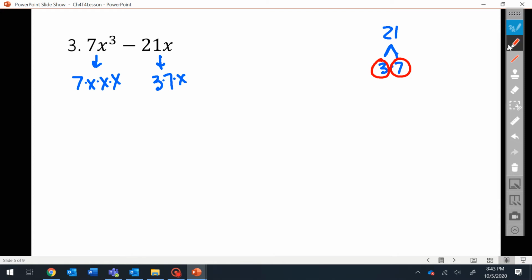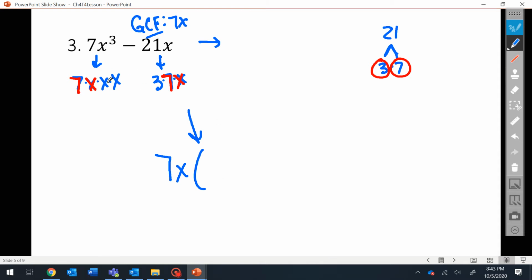So what they have in common is going to be the GCF. So they both have a 7 in common, and they both have an x in common. So the GCF is 7x. So I can factor the 7x out. What's left over is what's not in red.